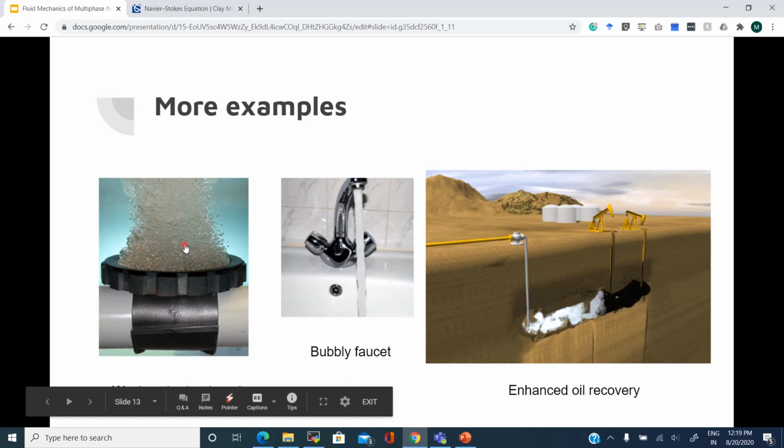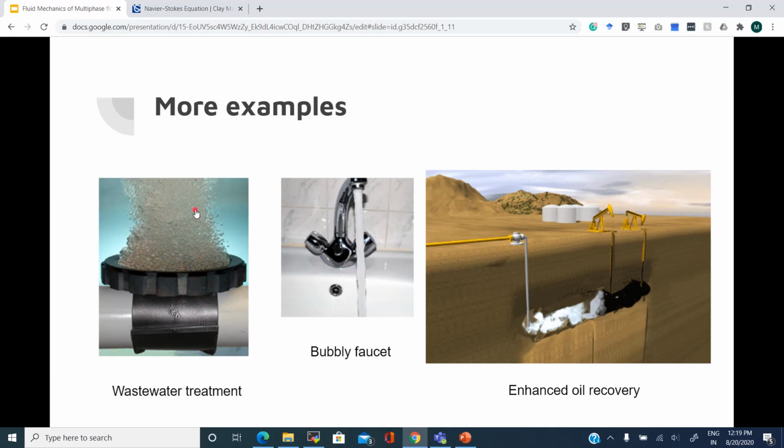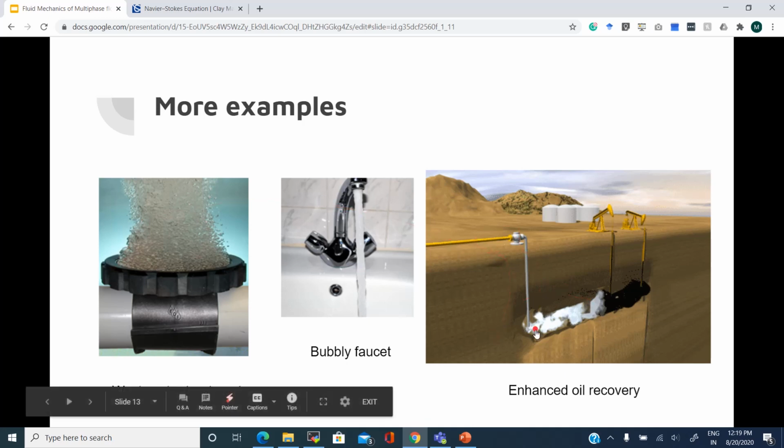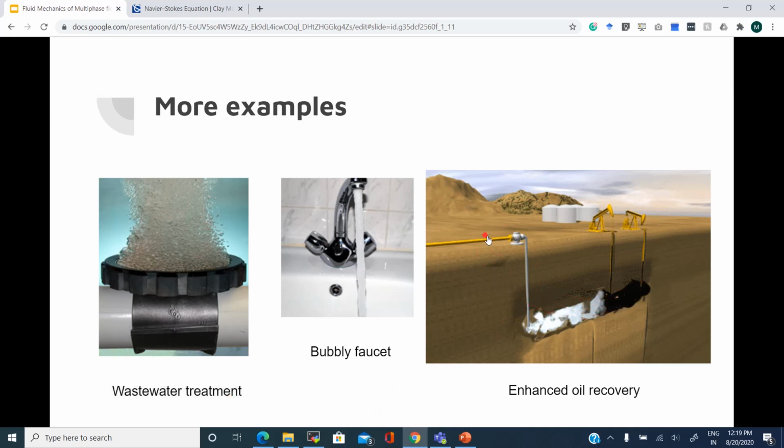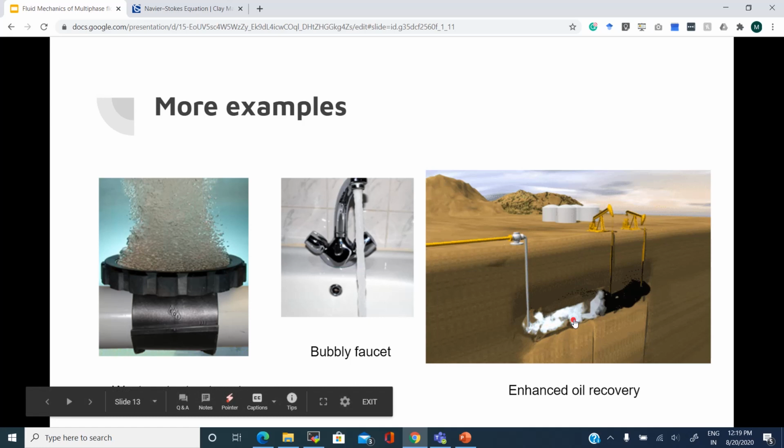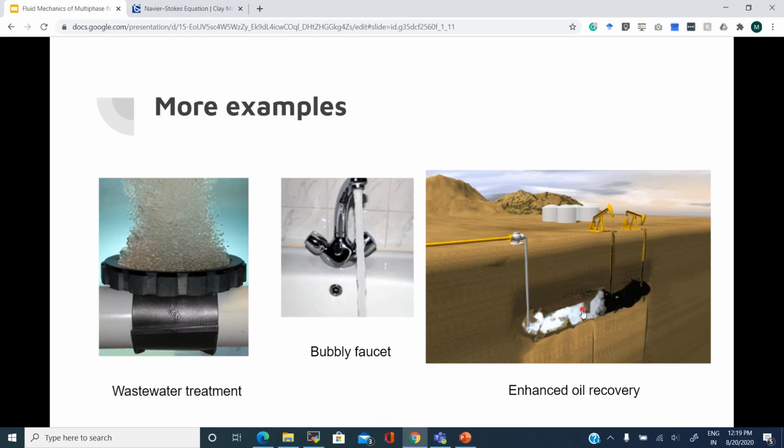This is wastewater treatment, where you provide oxygen bubbles to the wastewater so that the surface area from where the oxygen can be collected by the bacteria is increased. This is enhanced oil recovery, where you push this black colored oil by another fluid, which is shown in white color here.